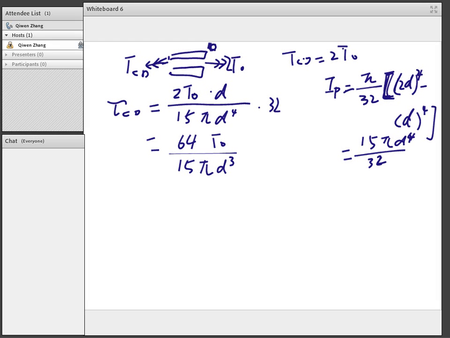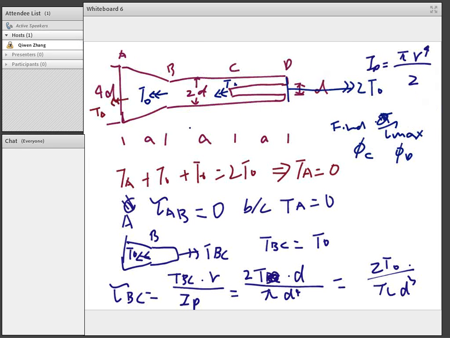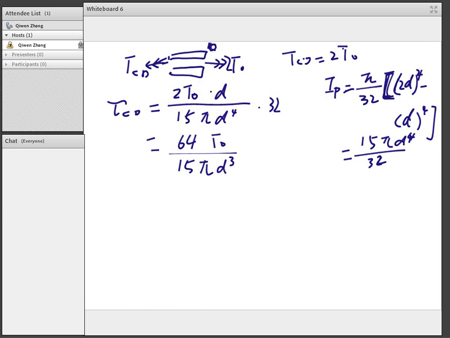As we can see, the maximum shear stress occurred between the rod segments C and D, because tau BC that we calculated is 2T0 over pi d cubed, and tau CD is 64 T0 over 15 pi d cubed, so it's larger than 2T0 over pi d cubed, right?